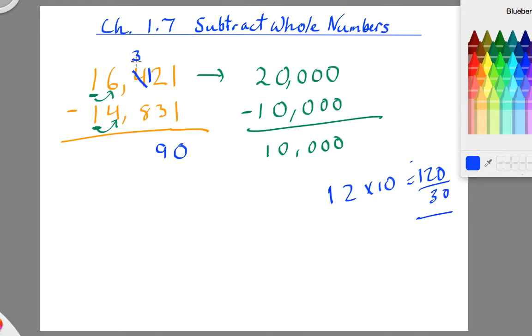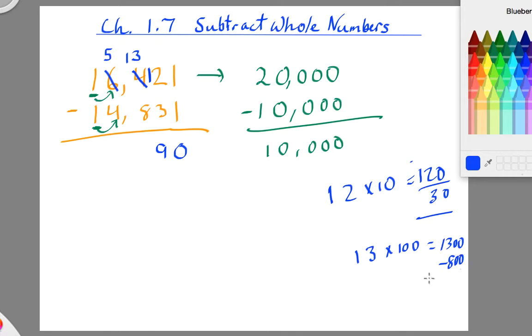And now over here I have 300 minus 800, and I can't do that either, so I'm going to do it again. The 6,000ths place, I'm going to borrow 1,000, make this 5,000. I'm going to add 1,000 to my 300, which is 1,300. So really it's 13 times 100, which is equal to 1,300, and I'm subtracting 800 from it.